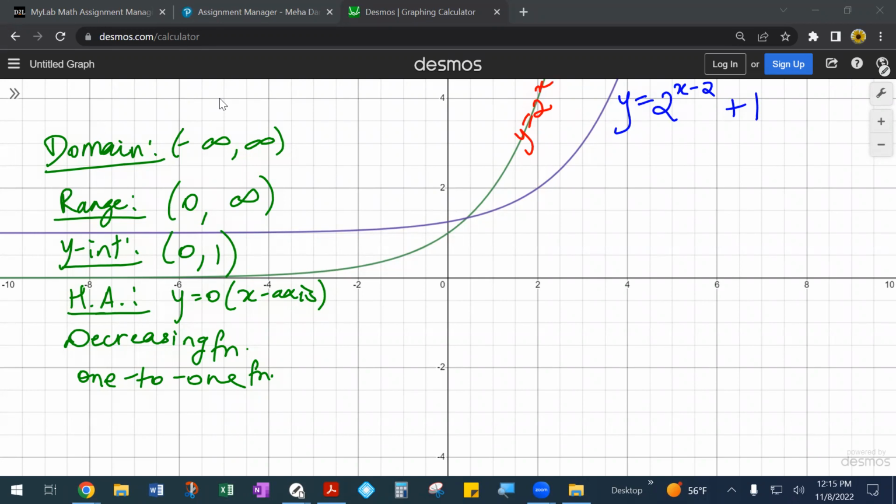Range, is it still from 0 to infinity? No, what's the new range? Since we moved the graph 1 unit up, that actually means your horizontal asymptote also moves 1 unit up. So this guy will now become 1 to infinity, not including 1.